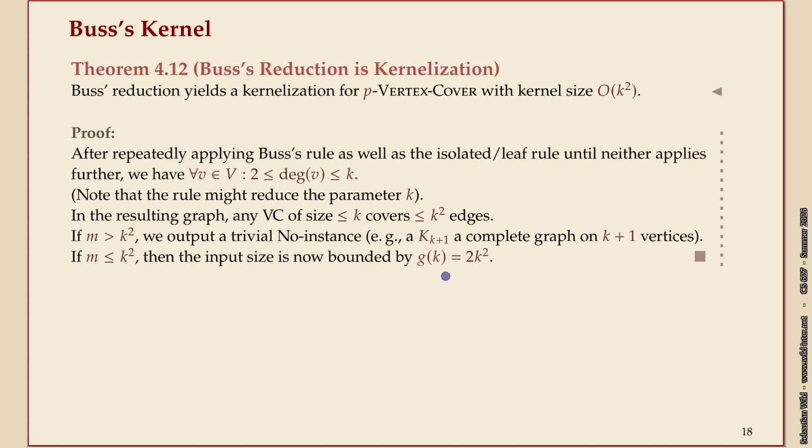So the overall input size is bounded by, say, twice that. And so that's our kernel size. Okay? So here the rules are still pretty simple, but by looking at it after you applied them to saturation, you already get a non-trivial result, namely that you can reduce any graph to something that's bounded by k squared.